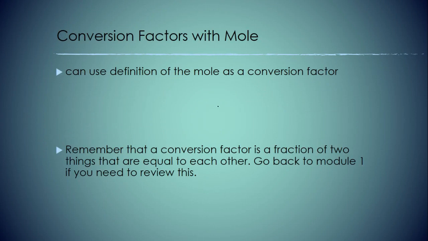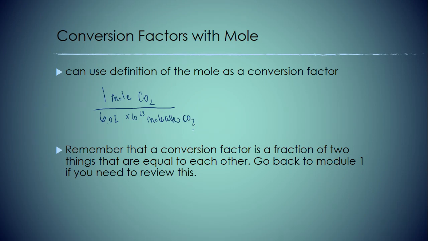So now what can we do with this? Well, we can use it as a conversion factor. So if you know that 1 mole of anything is 6.02 times 10 to the 23rd, then we could write a conversion factor like this: 1 mole of carbon dioxide would be 6.02 times 10 to the 23rd molecules of CO2.